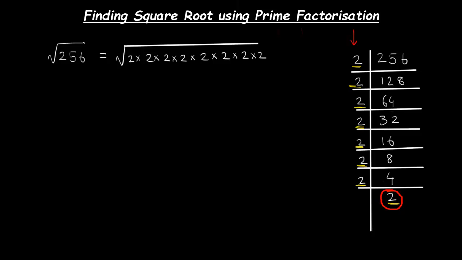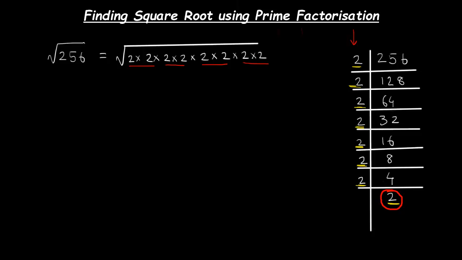Now you have to make pairs or groups of two same numbers. So this can be our first group, this can be our second group, this can be our third group, and this can be our fourth group. So you have basically formed pairs of the same numbers.